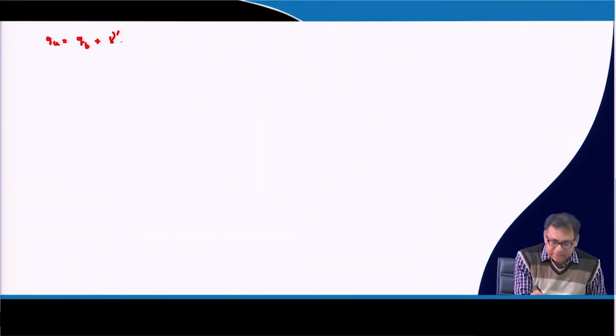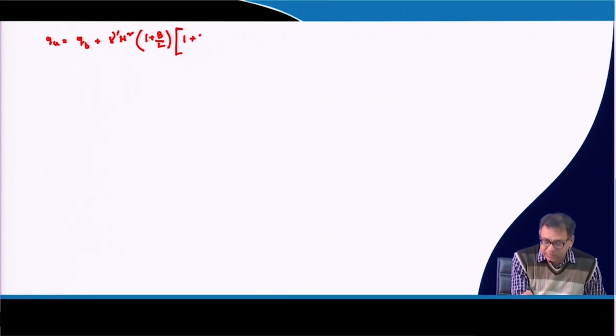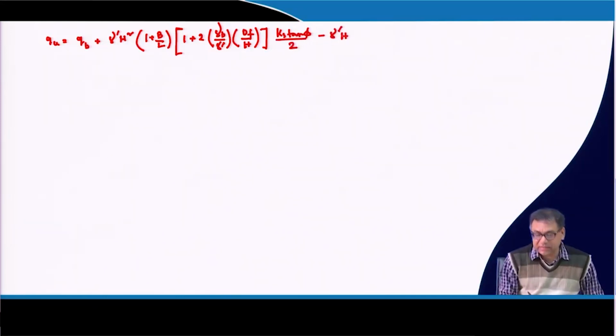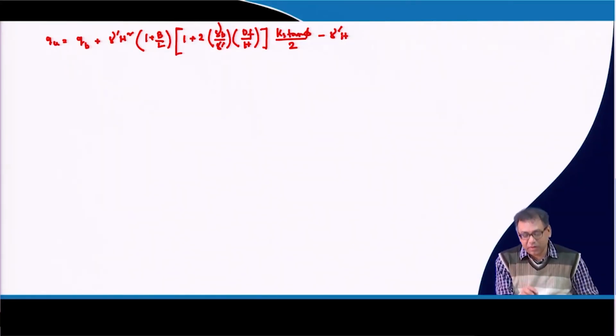So, it will be gamma dash into H square. Then, if I consider the shape factor, then 1 plus B by L, then that will be 1 plus 2 gamma bulk by gamma sat into dF by H into Ks tan phi by 2 minus gamma dash H. Now, remember that this equation is applicable, it is not in general again.